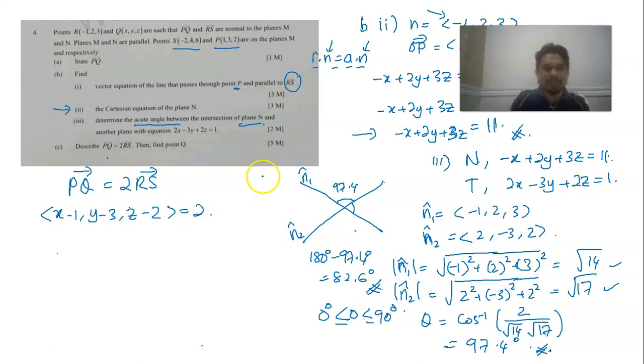Then 2RS. R here is (-1, 2, 3) and S is (-2, 4, 6).